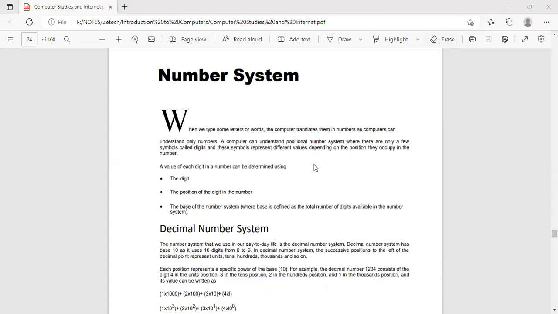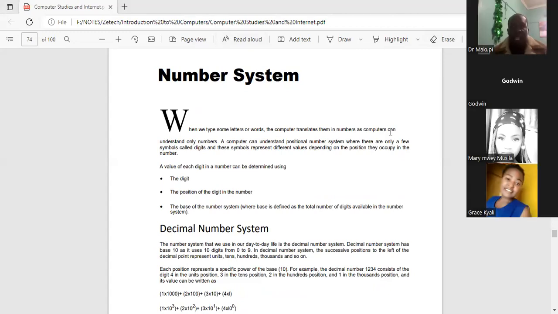Now, this is known as number system, and I want to begin by saying that the way computers understand, as I began in the other class, or we have discussed throughout this course, is that a computer understands only 1 and 0. That is the instructions that a computer can understand.